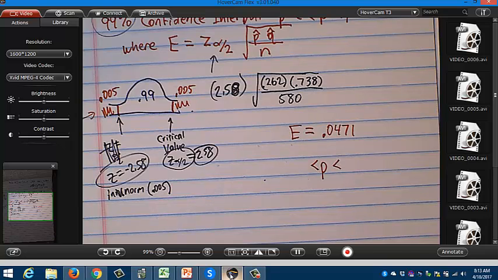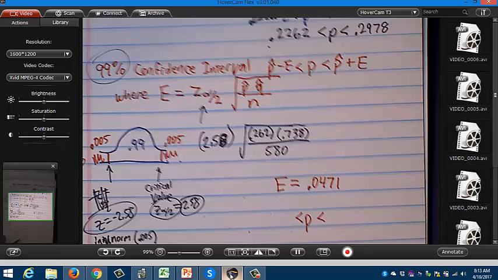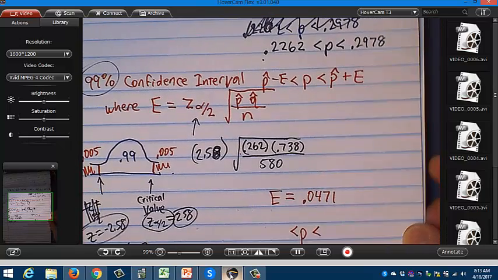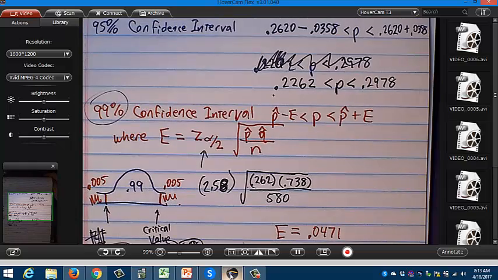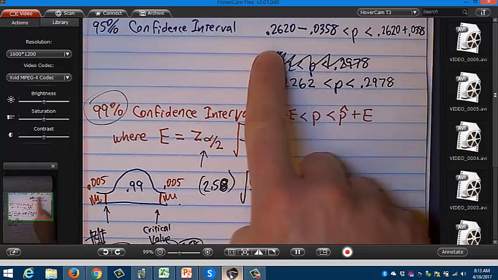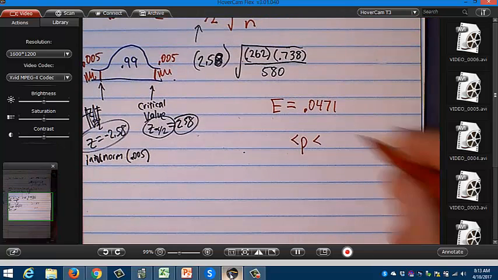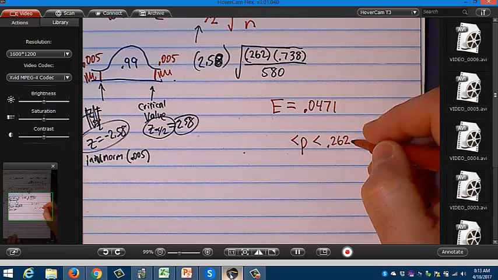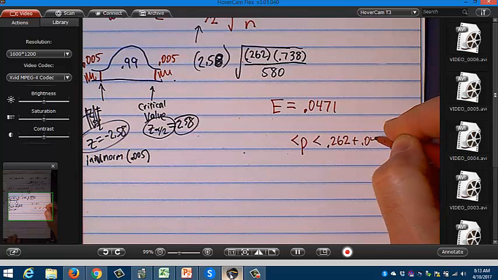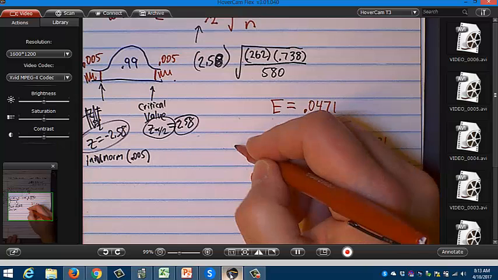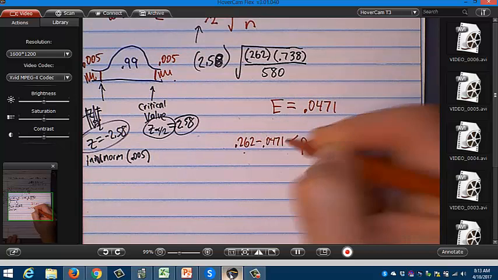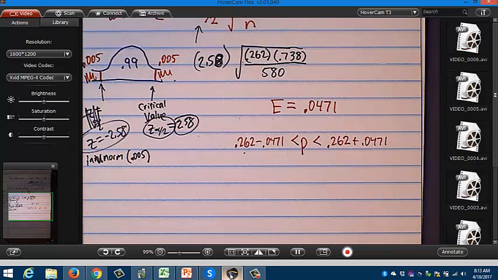If you look at what I did last time, we took 0.262 and added and subtracted the margin of error. So it's going to be 0.262 plus 0.0471, and 0.262 minus 0.0471.